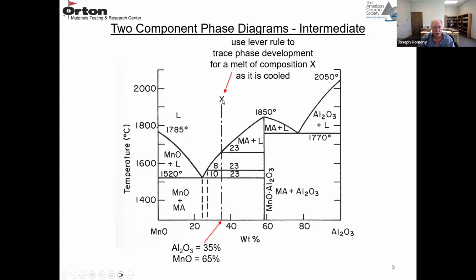We'll take a composition at X that's 35% Al2O3 and 65% MnO. We'll just look at what happens when we cool this composition X.